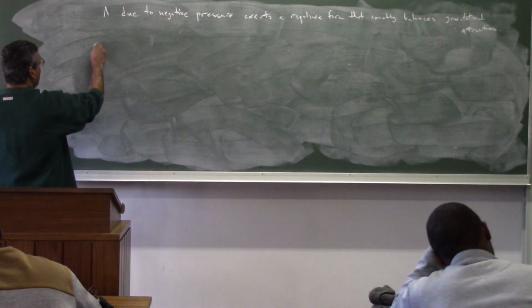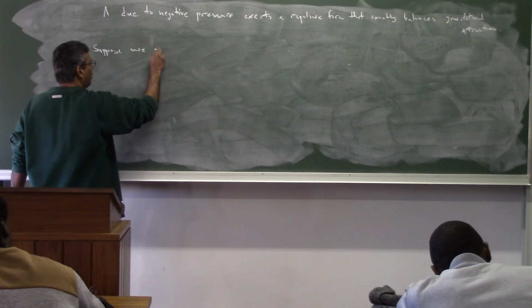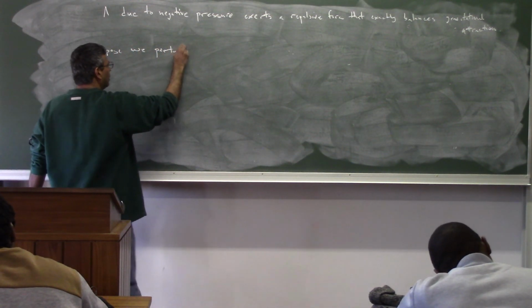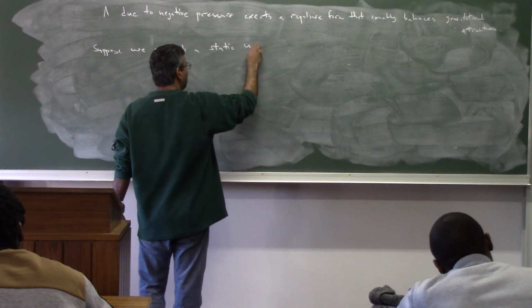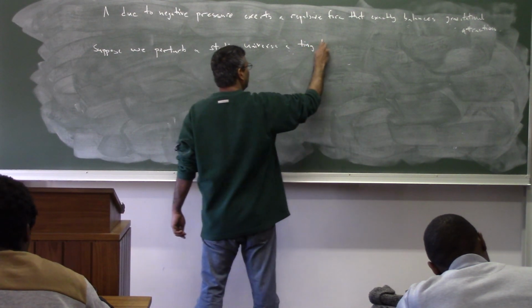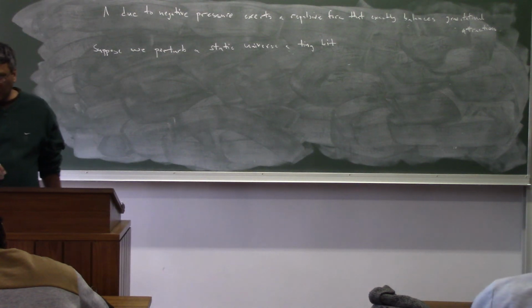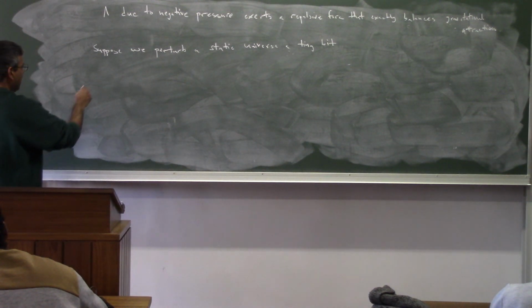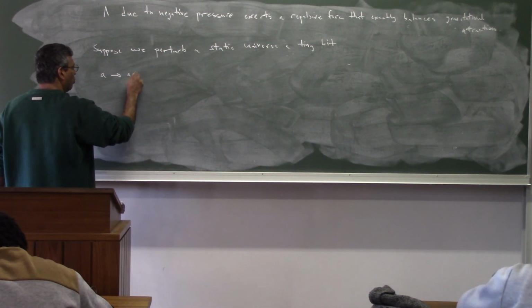So, suppose we perturb a static universe a tiny bit. So we had A equals A0, which is 1.